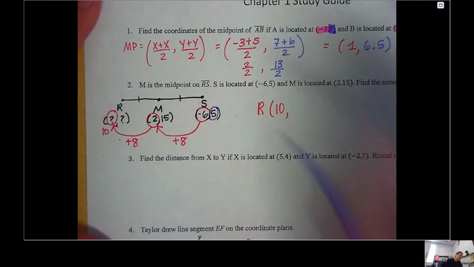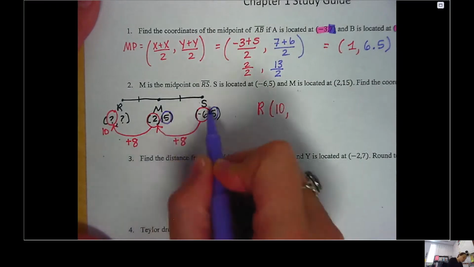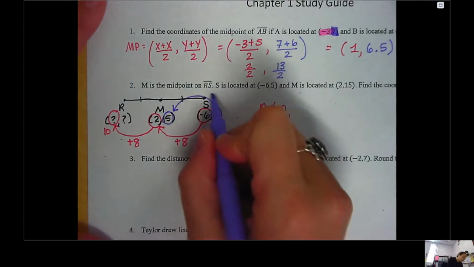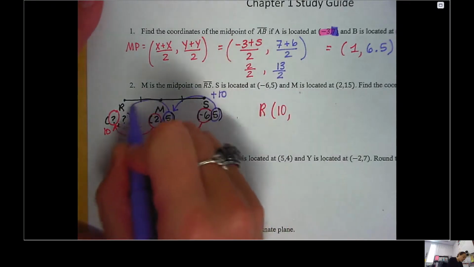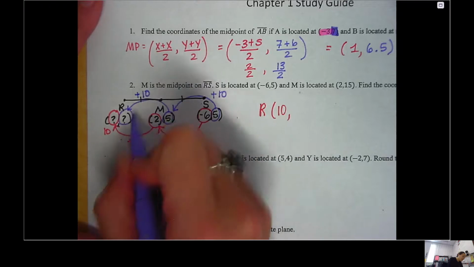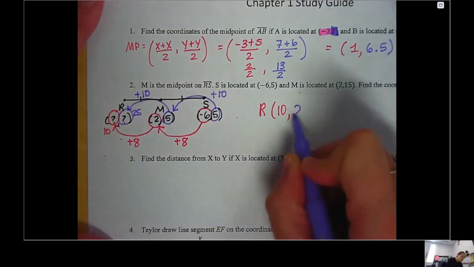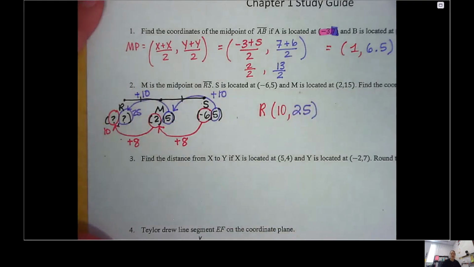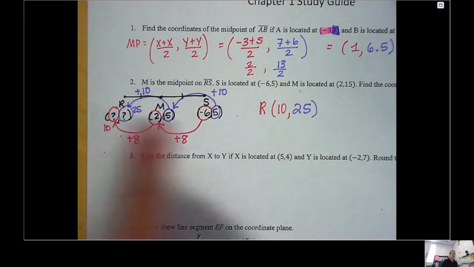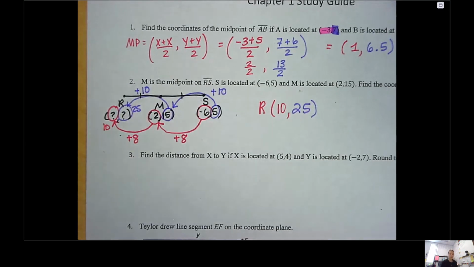I've got 5 over here, and I'm moving to +15. To get from 5 to 15, I add 10. So 15 plus 10 gives me 25. So point R is located at +10, +25. Notice how drawing the picture was key there.